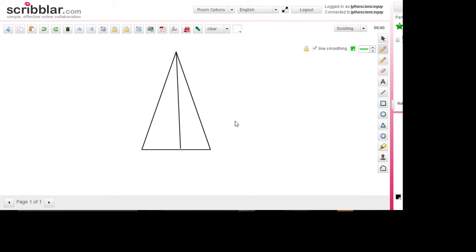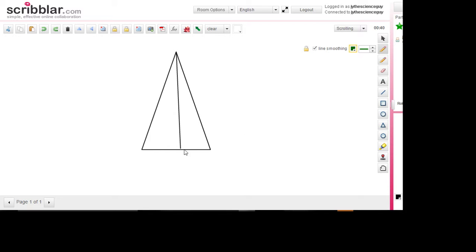Okay. What does the word altitude mean? Like the height. Altitude and height are the exact same thing, but that makes that line a particular kind of line. What is that line AD? It's an altitude. It's a height of a triangle.